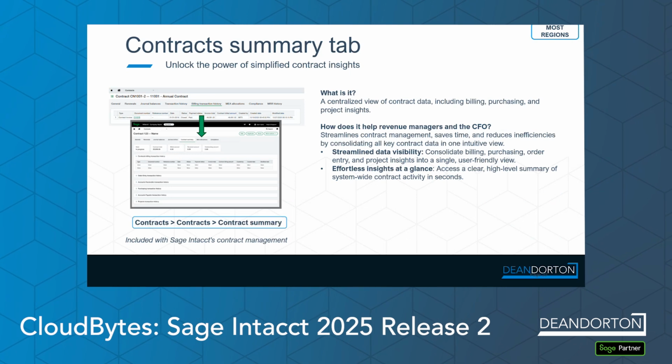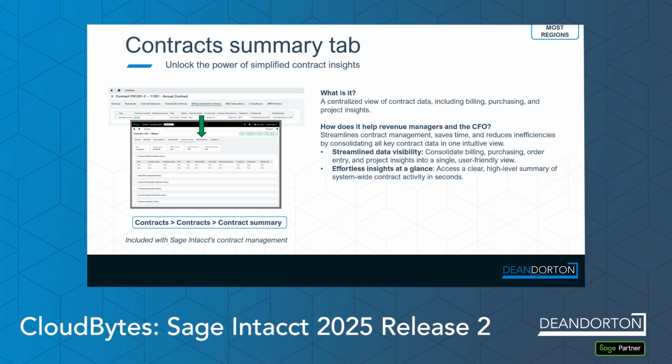For those of you that have the contracts module, they have included in the latest release a very streamlined version of the contract summary tab. It makes it very easy to go in and see the different revenue information, the different billing information, project insights, purchasing, order entry, anything like that.